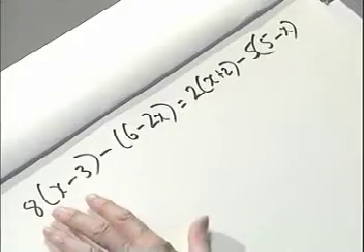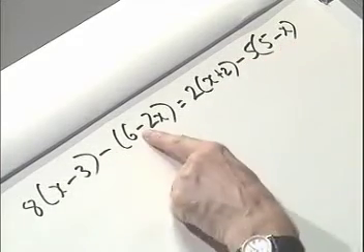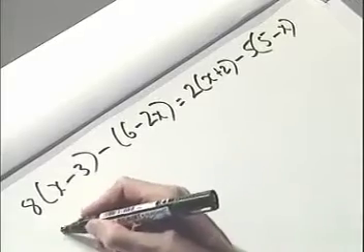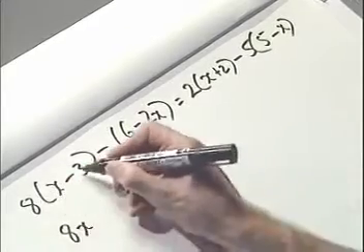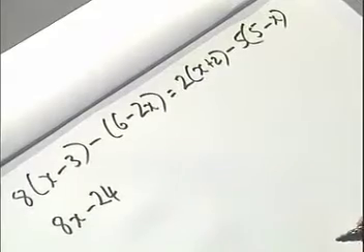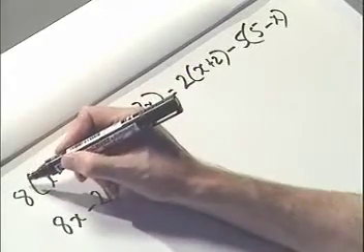So we begin by multiplying out the brackets and taking care, in particular, with any minus signs that come up. So 8 times by x is 8x, and 8 times by minus 3 is minus 24. So we've multiplied everything inside that bracket by what's outside.